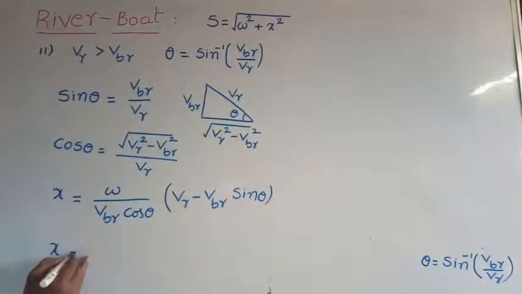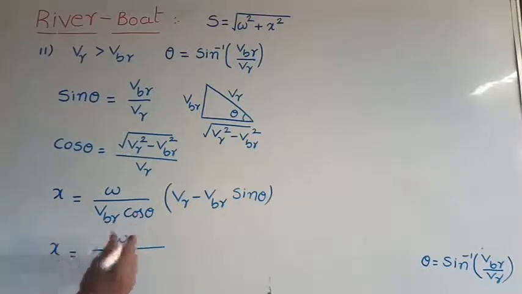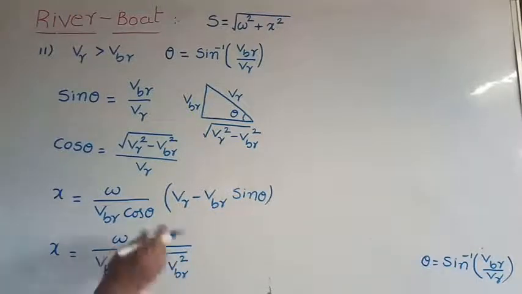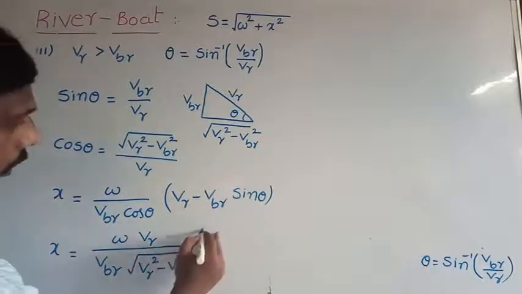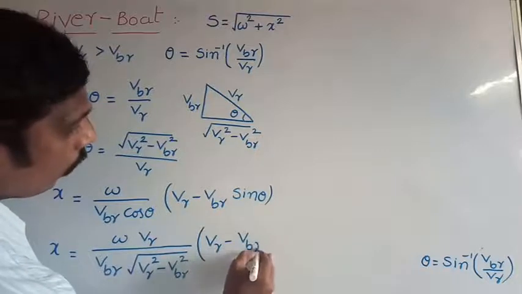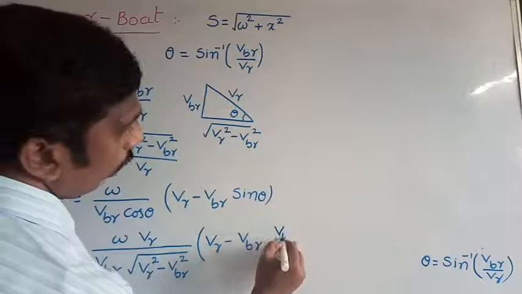Then x is equal to W by VBR into cos theta is equal to under root of VR square minus VBR square whole divided by VR will come. It goes into numerator, it becomes VR. And into VR minus VBR into sin theta is equal to VBR by VR.